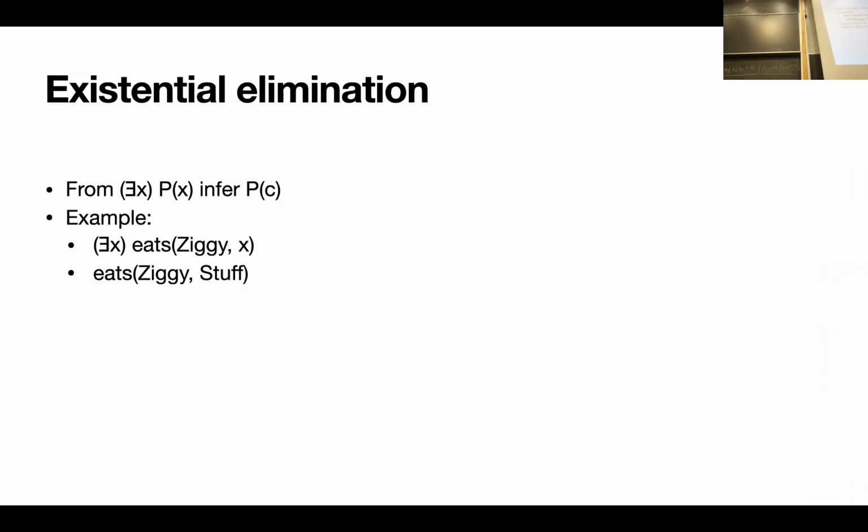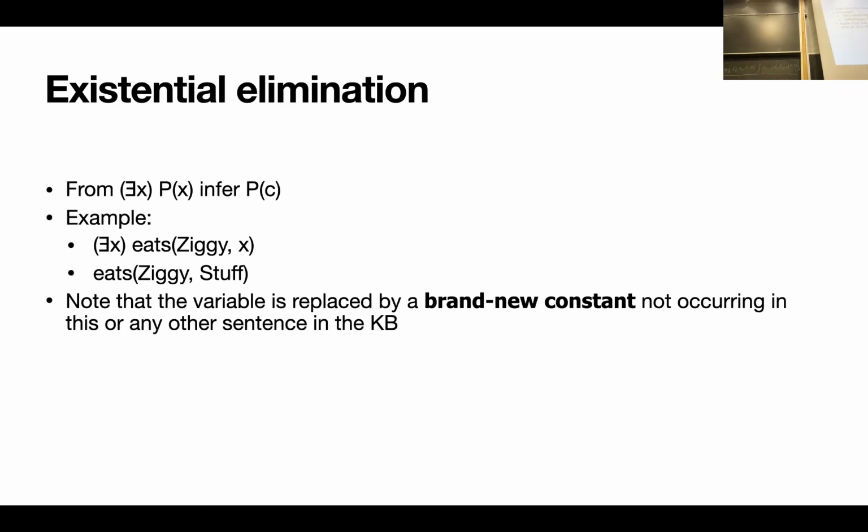Note that our variable x has been replaced by a brand new constant, which must not occur in any of the other sentences in our knowledge base. If stuff already existed somewhere else, it would become linked to this new constant we introduced, and we don't want that. We want to introduce a new constant that does not exist from before.